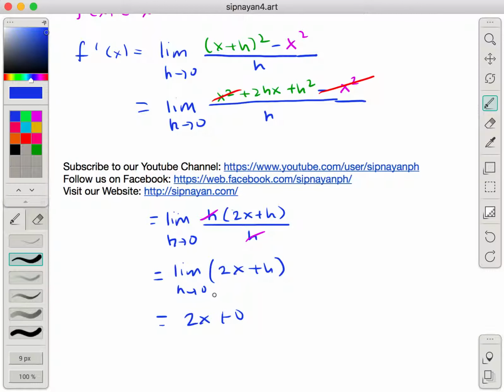So, pag nag-approach siya na 0, lahat ng h dito, pwede nyo nang palitan ng 0 yan. So, this is equal to 2x. 2x plus 0, of course, is 2x. This is our f prime of x.